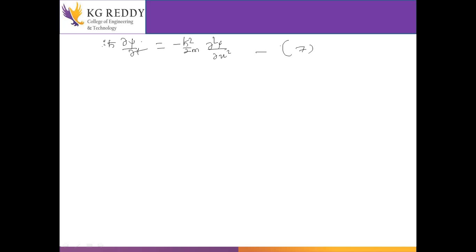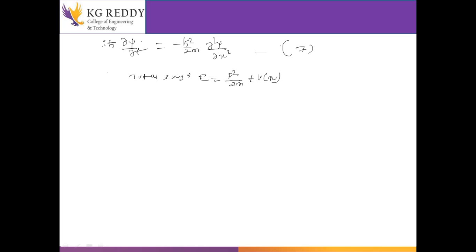This is all about our kinetic energy. If I find the total energy, it is kinetic energy plus potential energy, so I write E = p²/2m + V, where V is the potential energy.